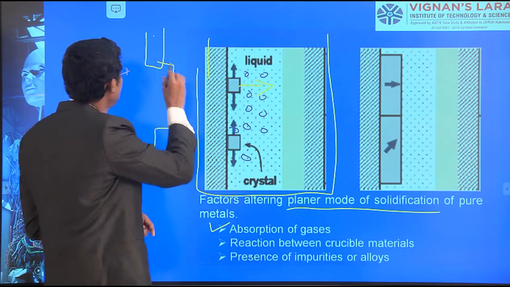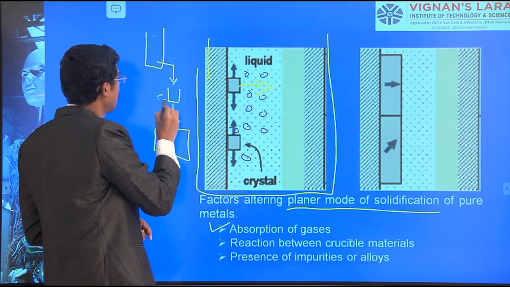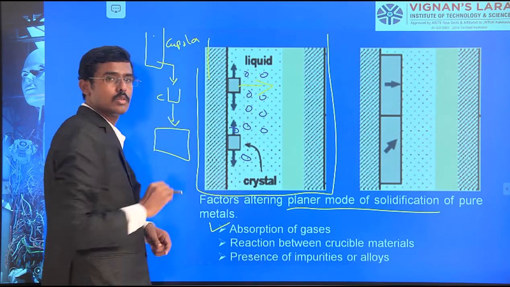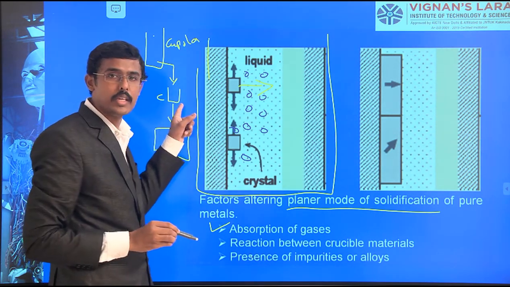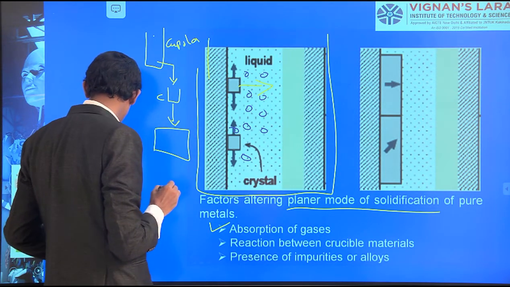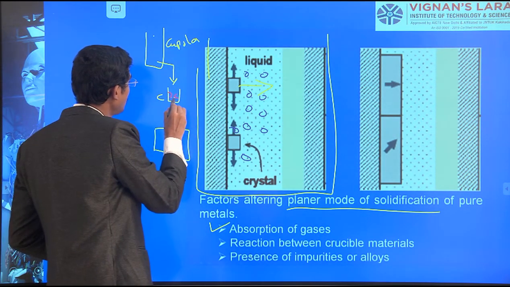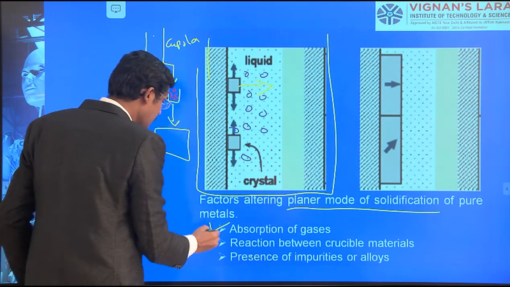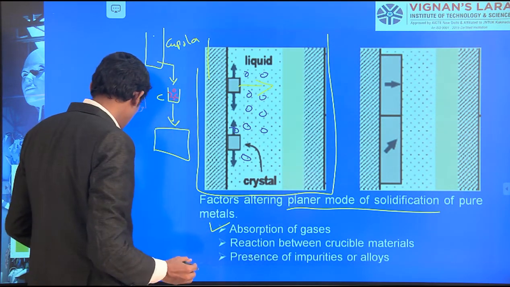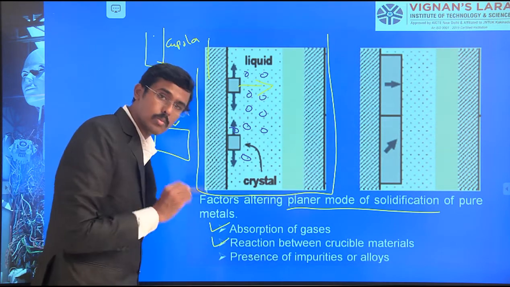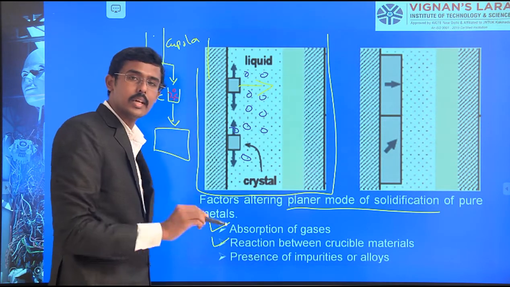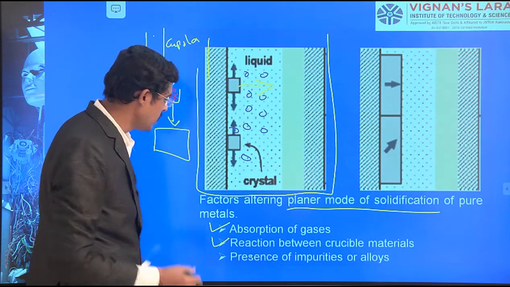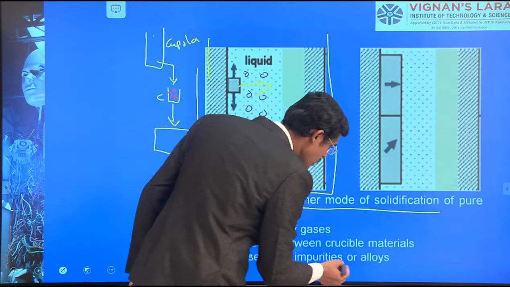So when it is taken from the cupola furnace to the crucible, the reaction may take place due to already contained impurities. Number 1, gases may make the reaction. Number 2, impurities in the crucible or in the walls may make the reaction, which stops the planar mode of solidification. Number 3, presence of impurities or alloys.